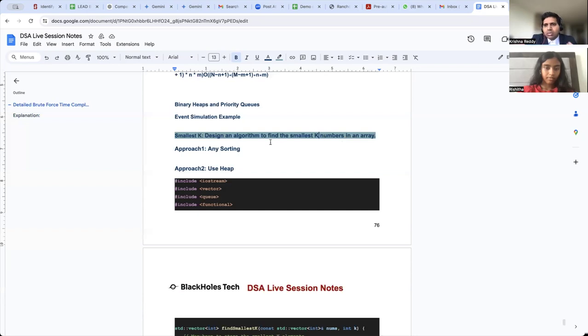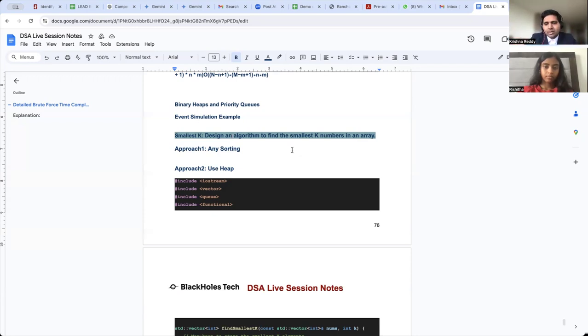So there are many ways to solve it. The easiest one is sort. Use quick sort or merge sort or any sorting technique. So the data is sorted and you pick up k numbers.